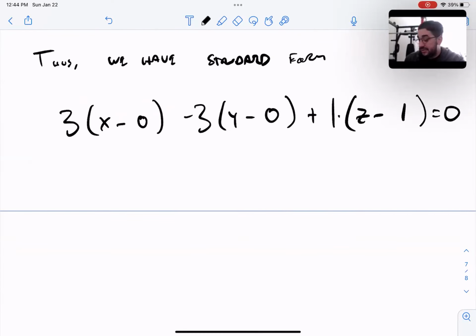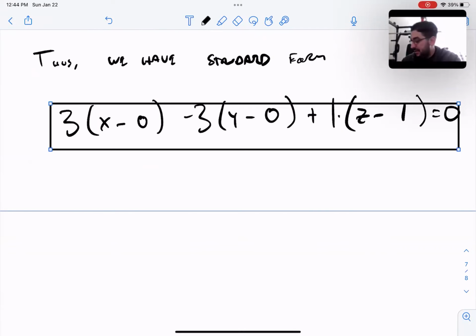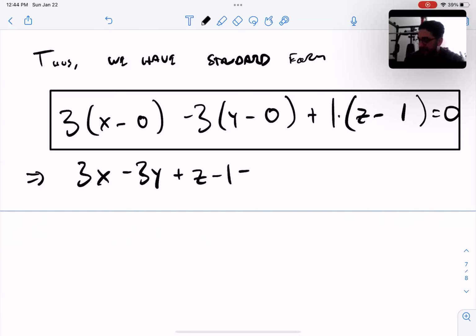Now, honestly, it's not incorrect to just leave it like this. That's a perfectly good standard form of the plane. But you'd probably clean it up a little bit. You'd probably make it 3x minus 3y plus z minus 1 equals 0.